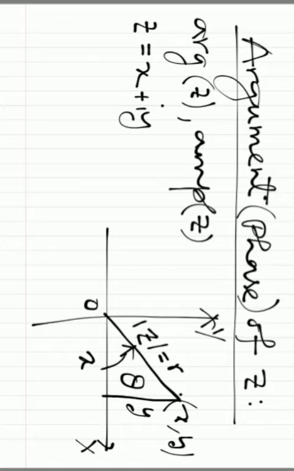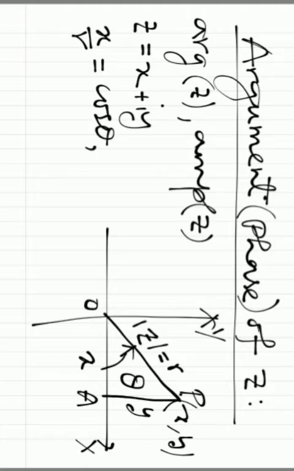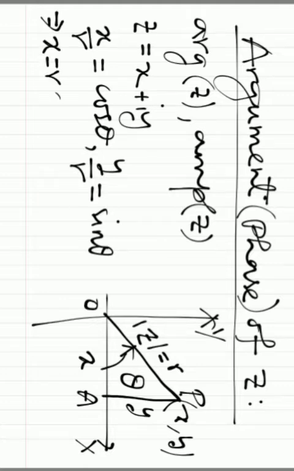So from this triangle, say OAP, we can see that x by r is equal to cos theta, and also y by r is equal to sine theta. So from this we can write x equals r cos theta and y is equal to r sine theta.